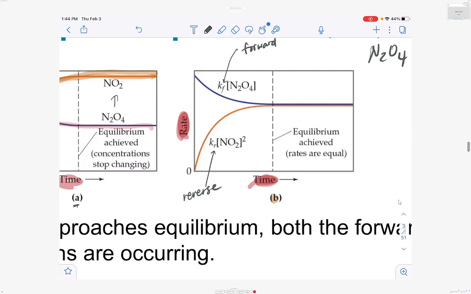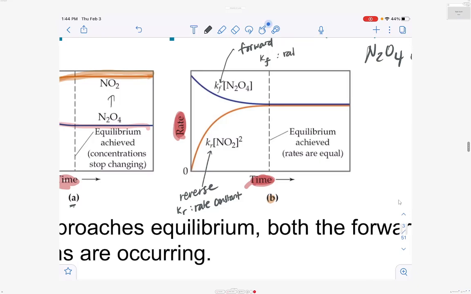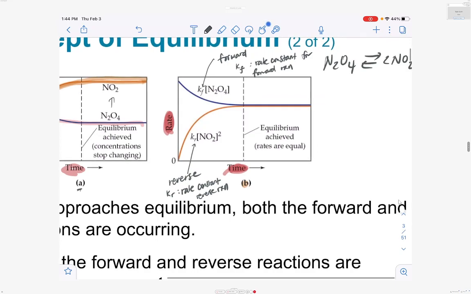Kf is the rate constant for the forward reaction, and Kr is the rate constant for the reverse reaction.